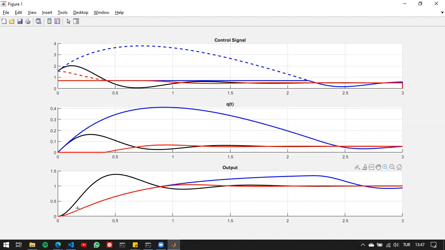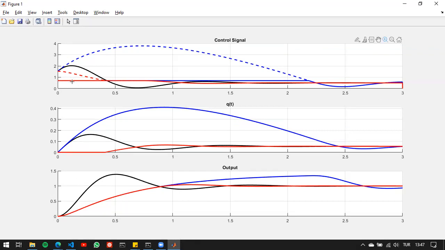Maybe the rise time is not really according to the design criteria, but we can conclude that this is maybe because we have a certain control limit and we are expecting too much of the system in the closed loop, because this controller can only do this much if we have a limit of 0.7.